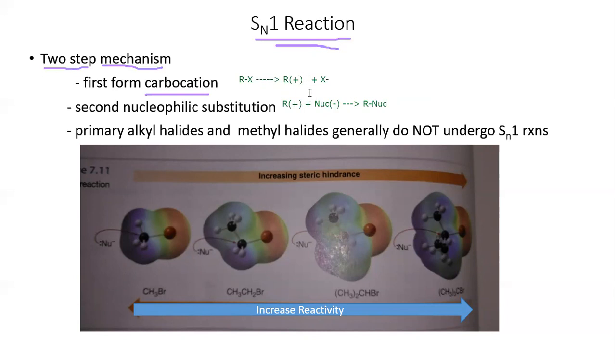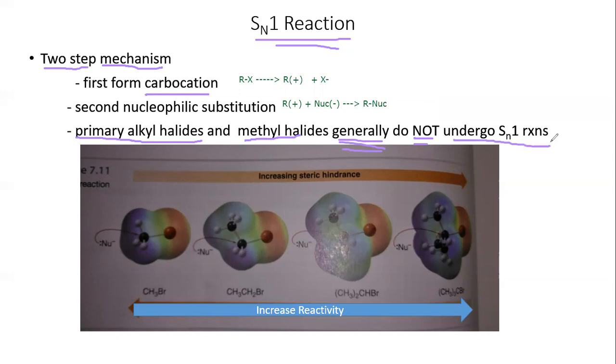It's always these two steps. Now, one thing to remember is that primary alkyl halides, that's the alkyl halides with one carbon group attached to the carbon, which is directly attached to the halogen, and methyl halides generally do not undergo SN1 reactions.